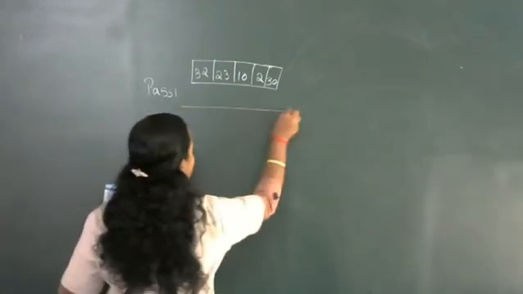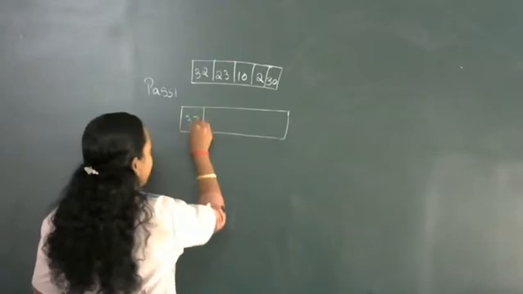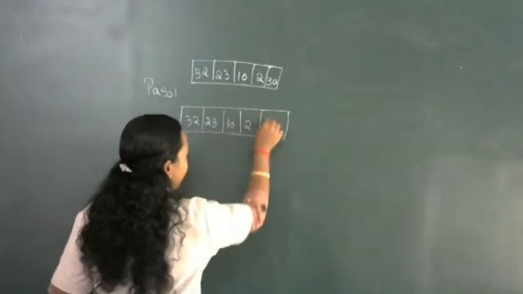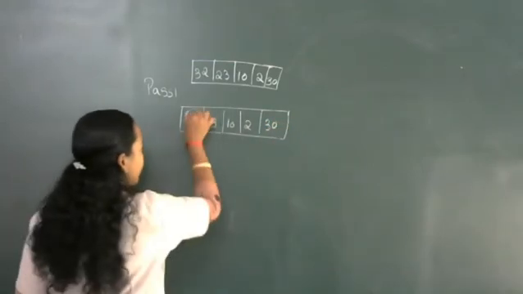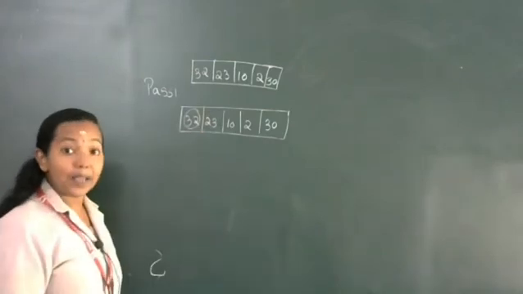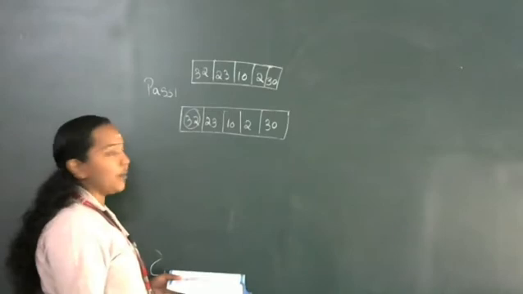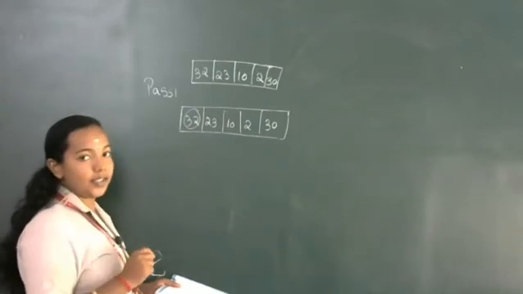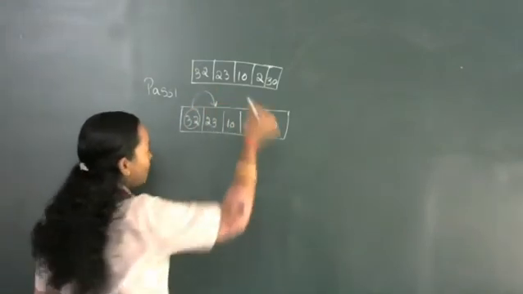So in pass 1, the elements are 32, 23, 10, 2, 30. We are assuming that the first element, 32, is the minimum value. In pass 1, 32 is treated as the smallest element. Then first I will compare 32 with 23.